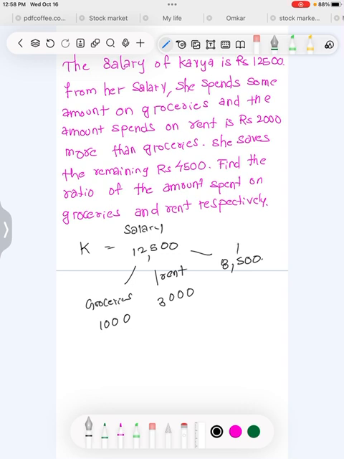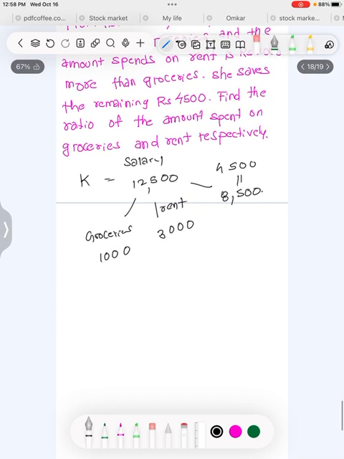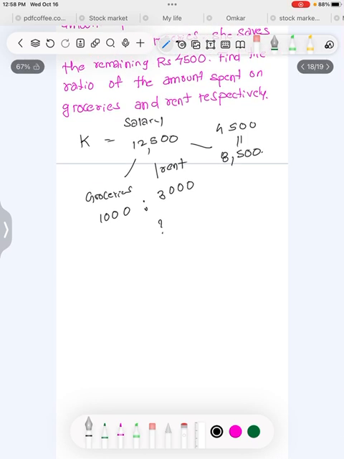Okay, find the ratio of the amount spent on groceries and these two. This one we have to find it out. Okay, so it is showing that we got equal to 4500. Okay, we can just take it some x.